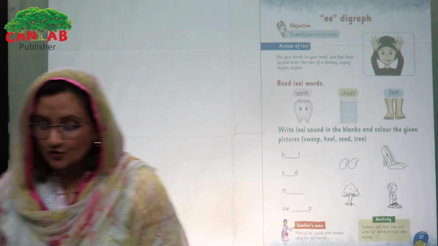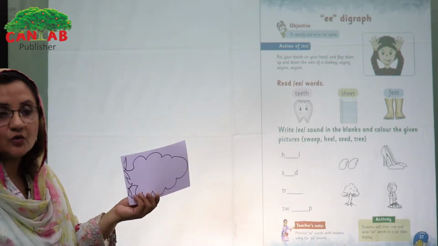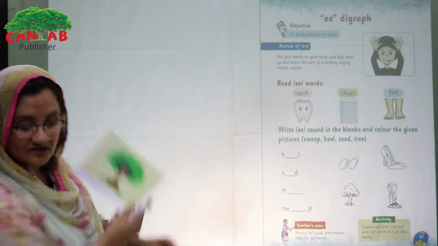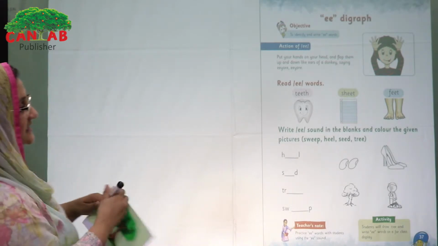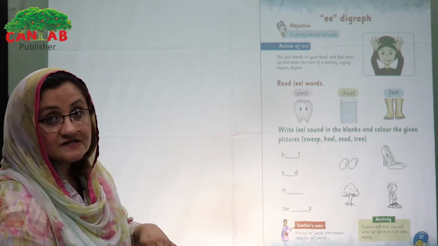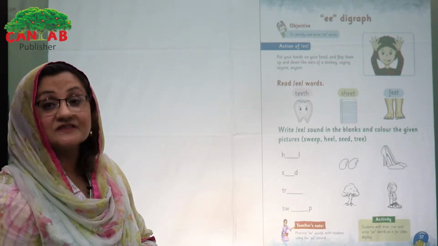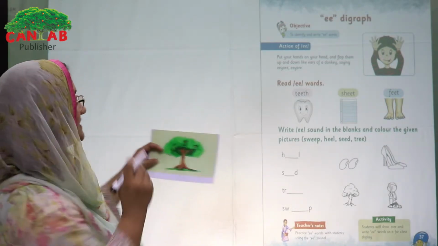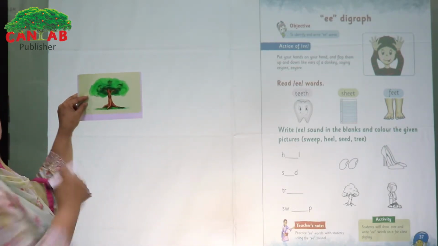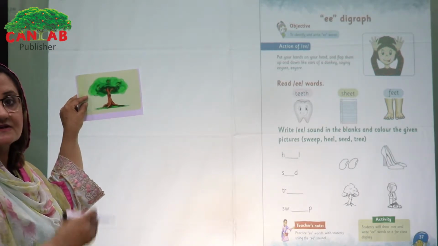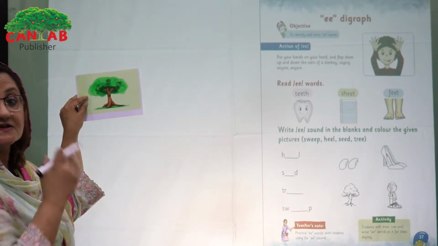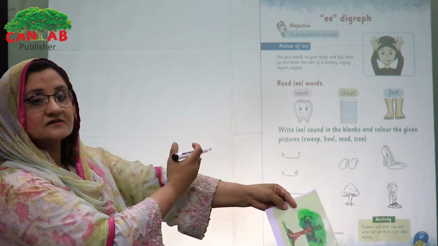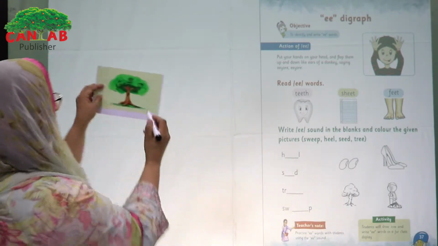Now what you can do, you can draw the pictures on the board or paste the flashcards and tell them how to make words with this digraph. Look here. What is this? This is a tree.